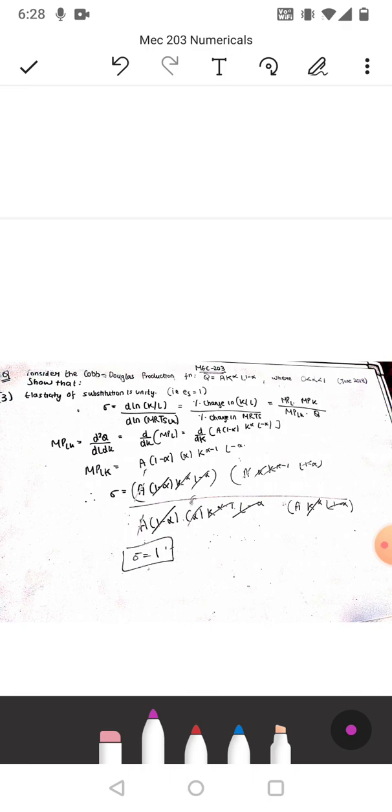We have already calculated the value of MPL in the above case, so we'll differentiate d by dK into the value of MPL, that is A 1 minus alpha K की power alpha L की power minus alpha. So we get MPLK as A 1 minus alpha K की power alpha minus 1 L minus alpha. We'll substitute the value of MPL, MPK, MPLK as we calculated, upon Q. MPL and MPK we have already solved in part 2. After substituting, all the values will cancel and we'll get elasticity of substitution equals to 1, hence proved.